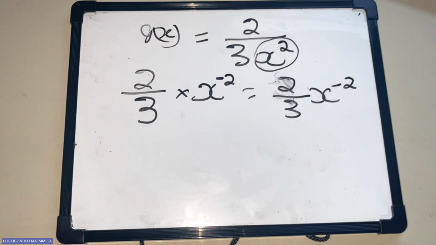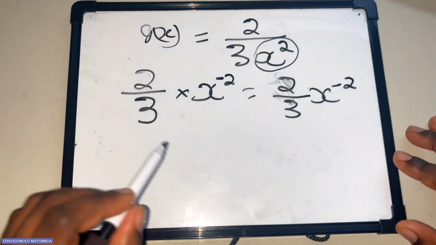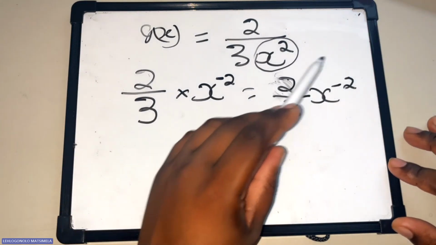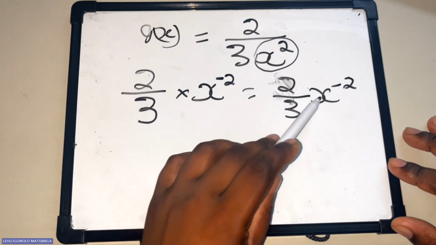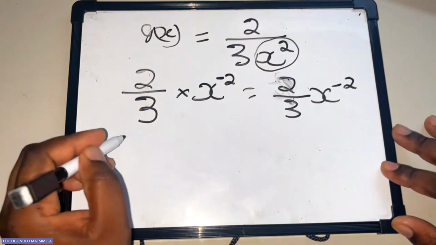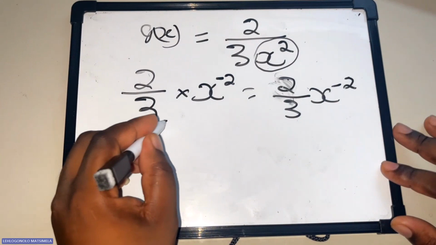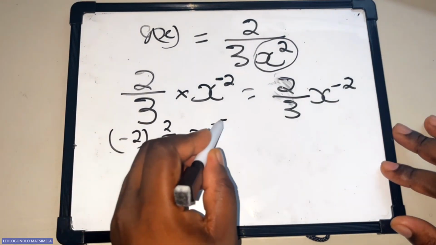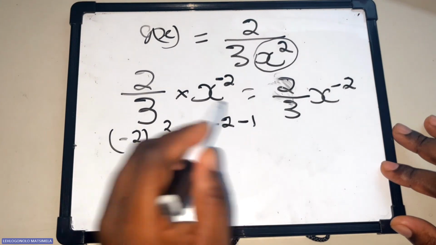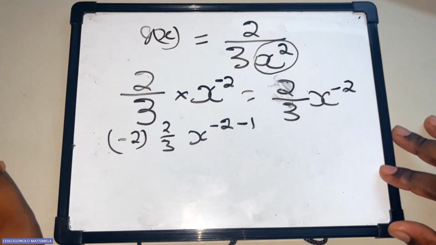Okay, going further, we start to derive. The exponent, which is minus 2, has to multiply the coefficient of x, which is 2 over 3. Then I will have minus 2 multiplied by 2 over 3. Then x to the power of minus 2, the exponent itself, I minus it by 1. That's what we mean here.